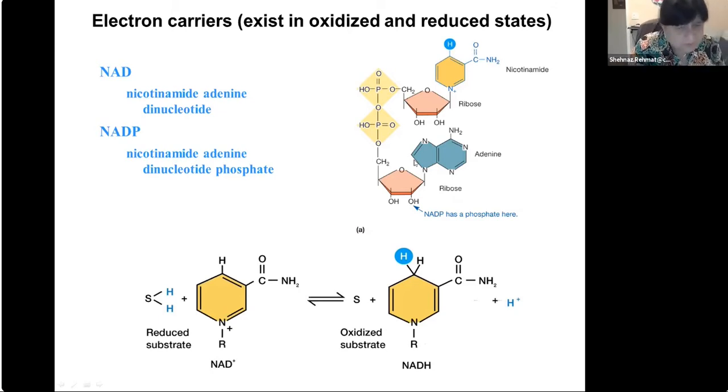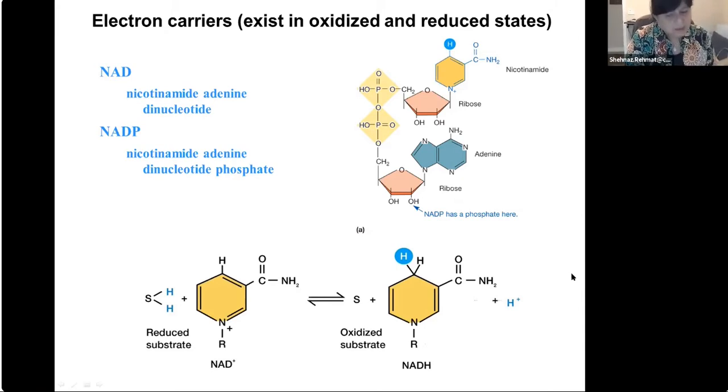And I should clarify here for you that these two can exist in oxidized or reduced states. So when they carry the hydrogen, they can carry it, and then they will dump it back, come back and carry more. So the reduced and oxidized states are very common in NAD and NADP. Another thing that we have noticed is that NAD is usually used in catabolic reactions where compounds have to be broken down.